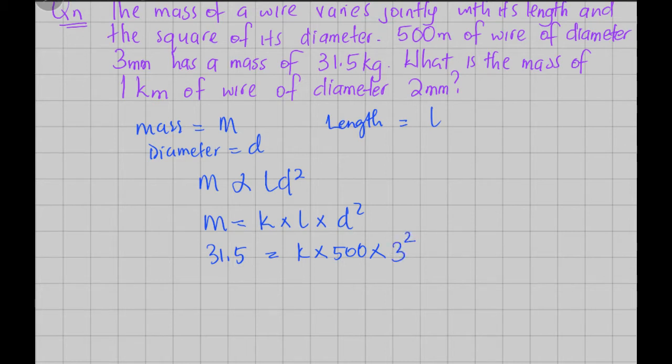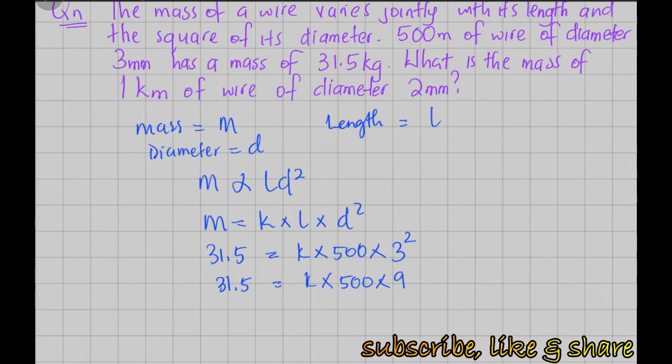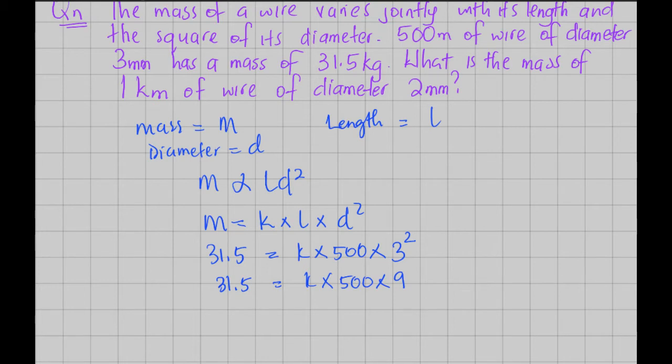So 31.5 is equal to K times 500. 3 squared is 9. 500 times 9, we get 4,500.